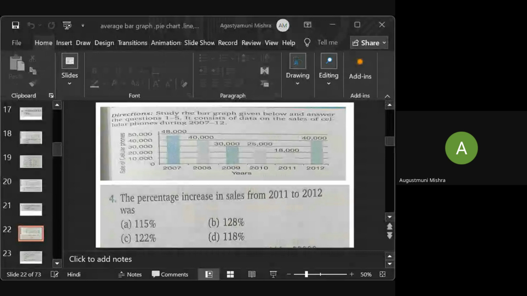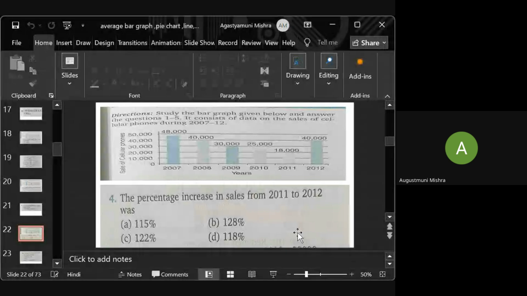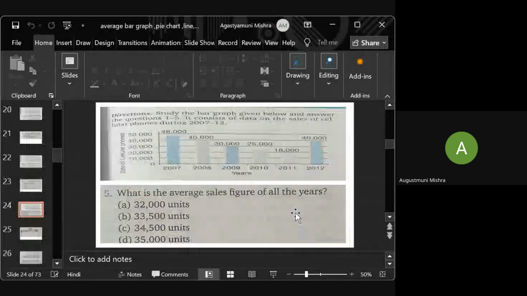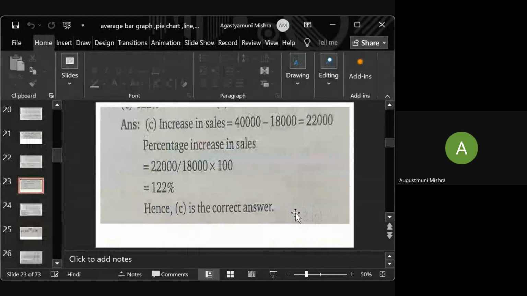We have two responses. That is C. Okay, so I'm just changing the slide. It's 6:49. So the correct answer is C. So the correct answer is C.